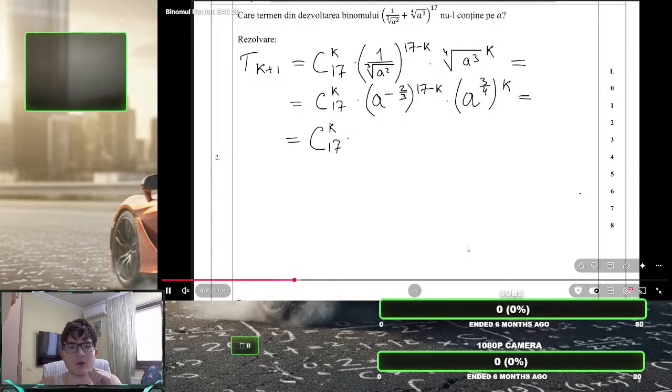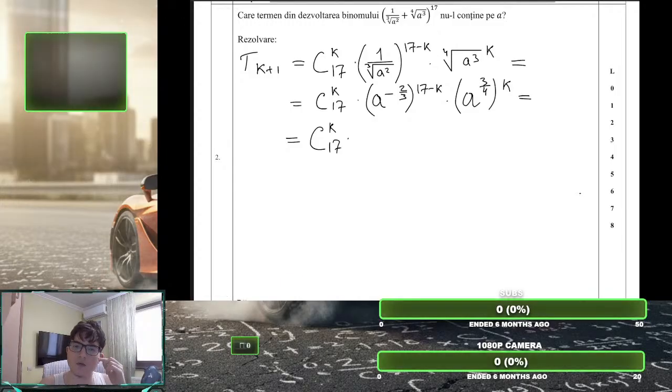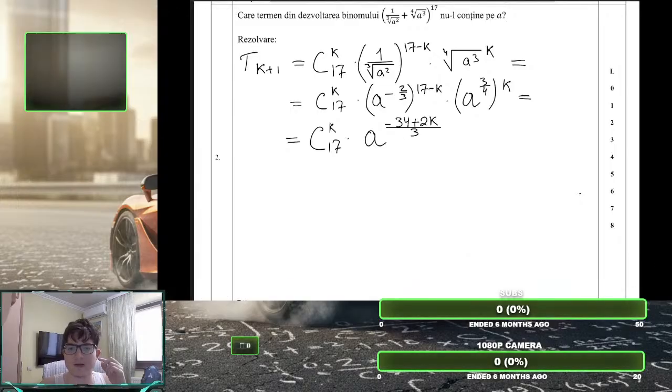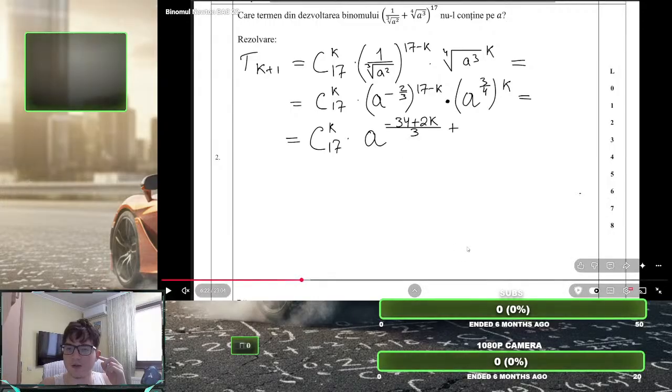So now, a to the power of minus 34 minus 2k divided by 3. I mean plus, because 2 minuses make a plus, so 3. And there, a to the power of 3k divided by 3.